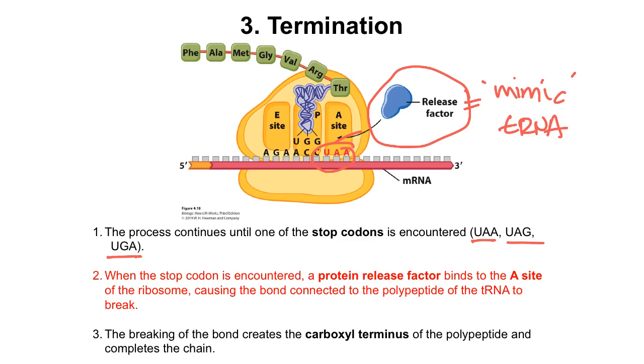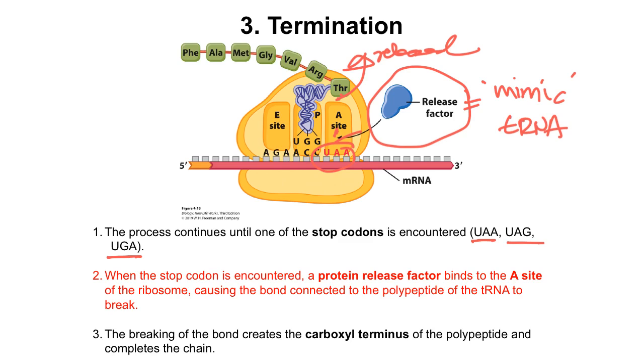And so because of that, it is able to fit into the A site that is normally bound by a tRNA. And because it does not have an active terminus to attach, the growing polypeptide then simply gets cleaved and released.